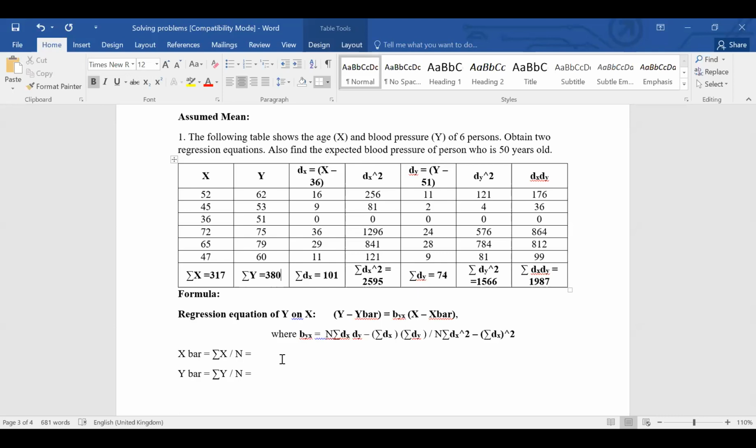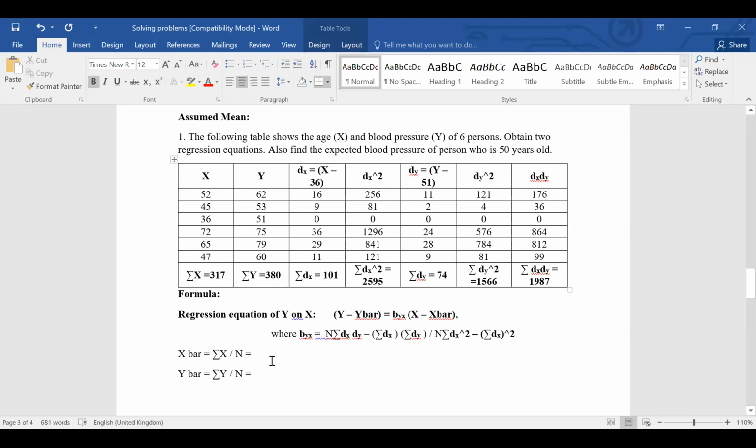In the previous method, we took the average value x bar and subtracted to find x, y, x square, y square, xy. Here, instead of taking the x bar value, they are asking you to assume a value ourselves. So we assumed 36 for the x variable and 51 for the y variable, and then we got dx, dy, dx square, dx dy.